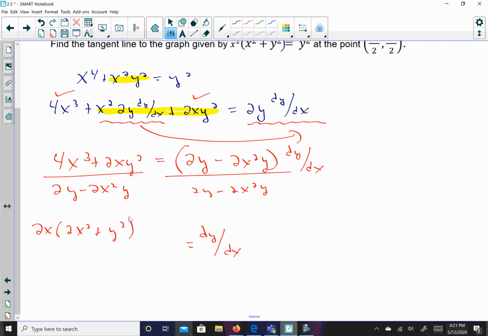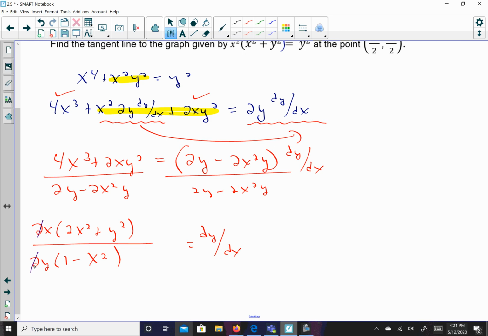And then here I can factor out a 2y, and that was 1 minus x squared. I just thought it was a little neater to do it that way, so I can see that the 2s will simplify, and I don't have to worry about those.